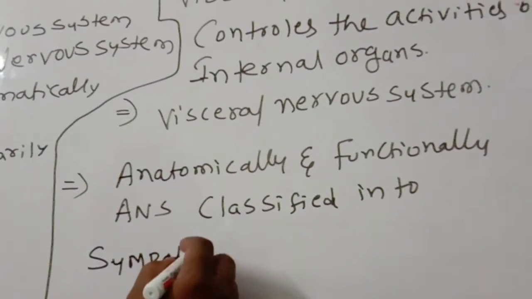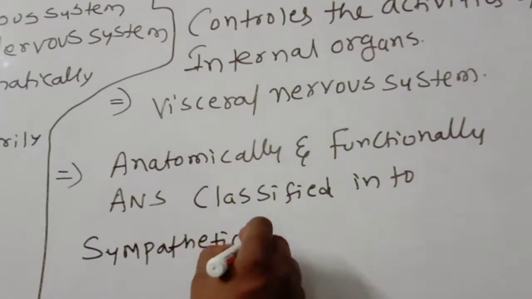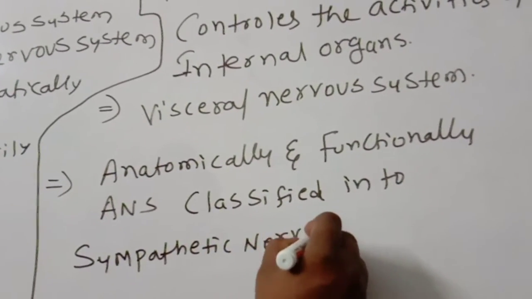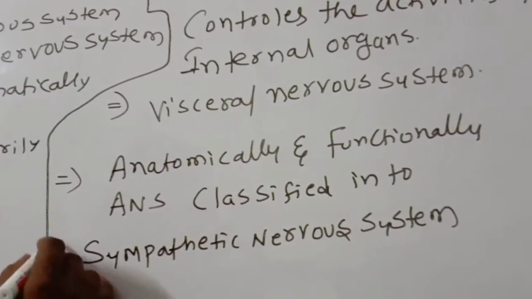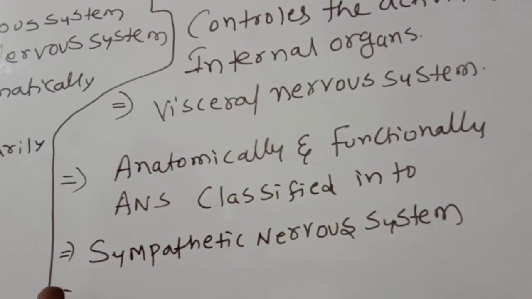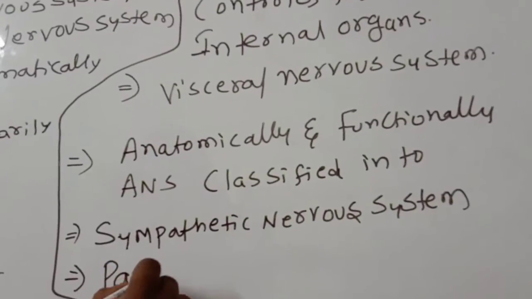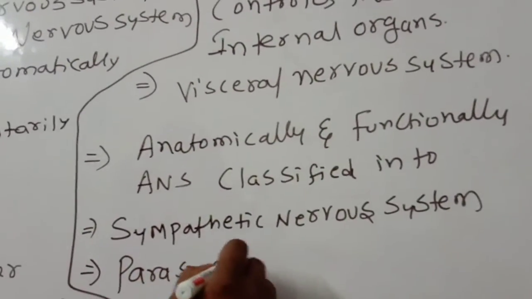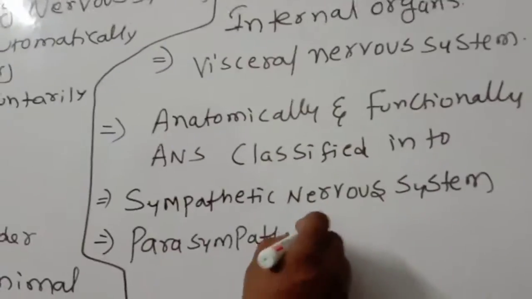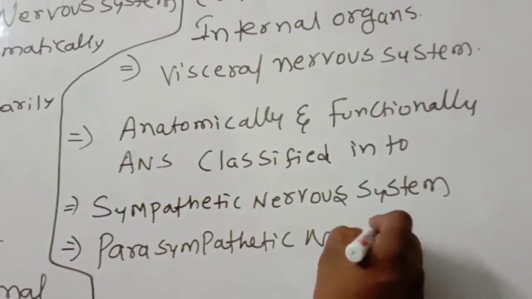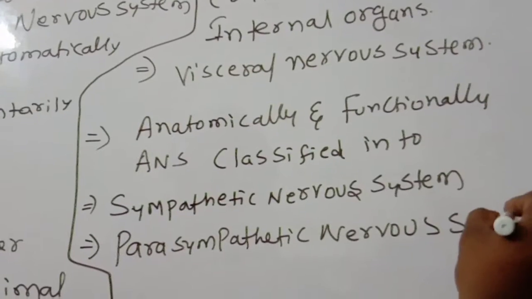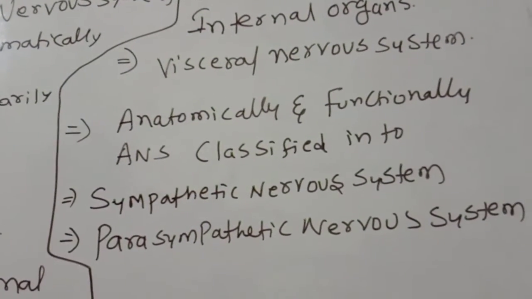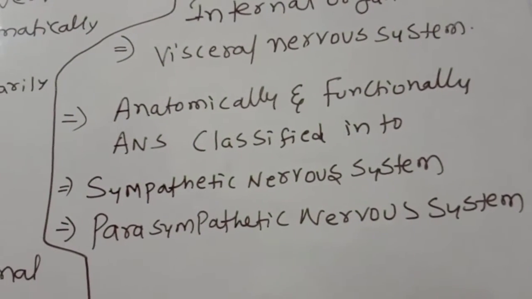Sympathetic nervous system, very important, and another one, the parasympathetic nervous system. They are based upon anatomy and function.